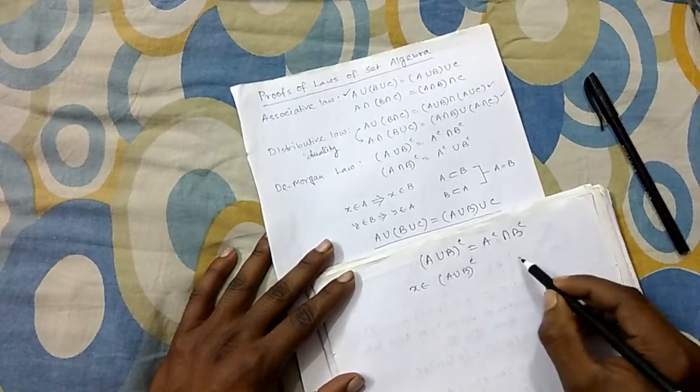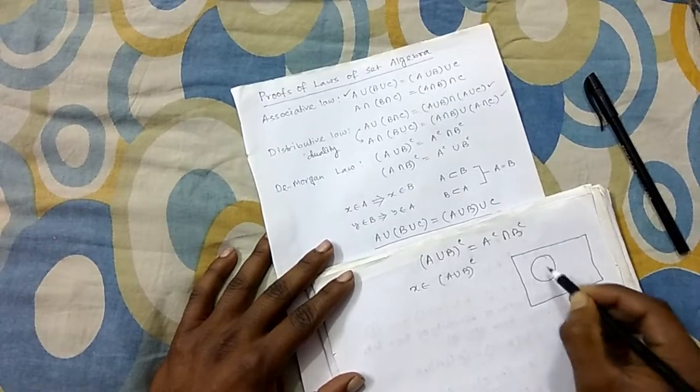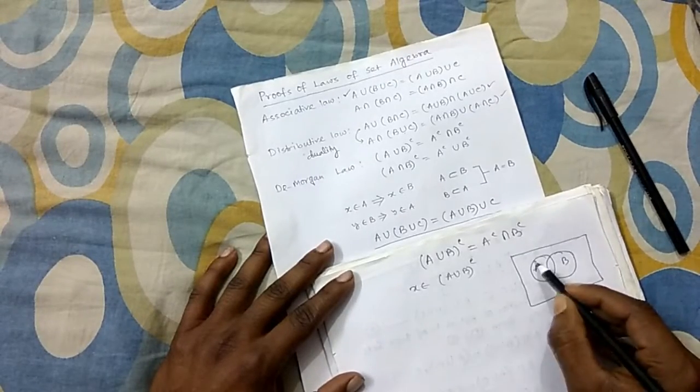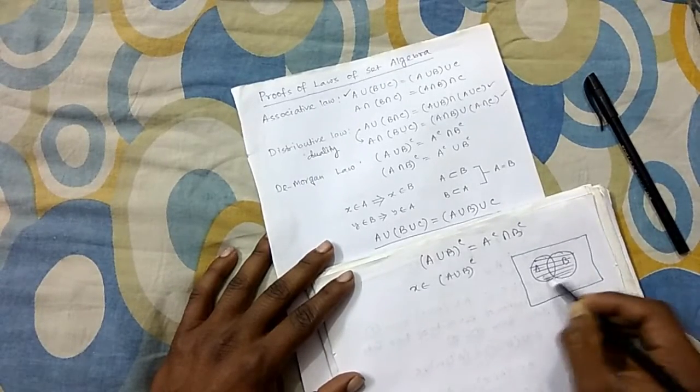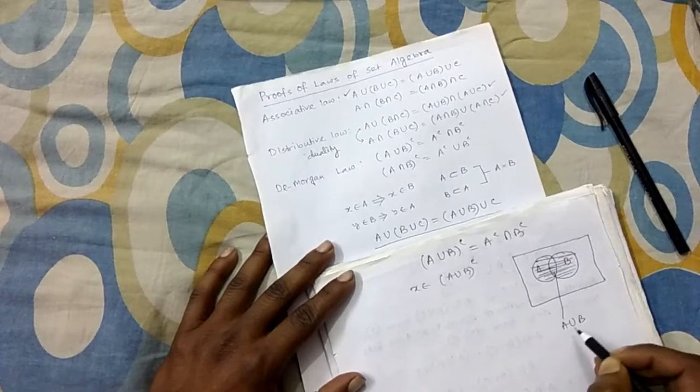If I draw a Venn diagram, it's A, it's B. The total shaded portion denotes A union B, which we know.